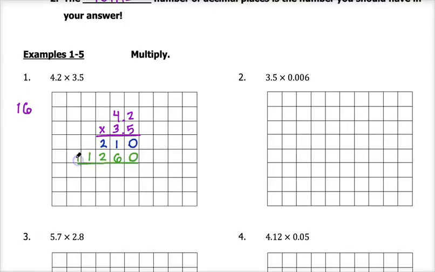And so once we get to this point, then we add down the columns. So 0 plus 0 is 0. 6 plus 1 is 7. 2 plus 2 is 4, and we bring down our 1.